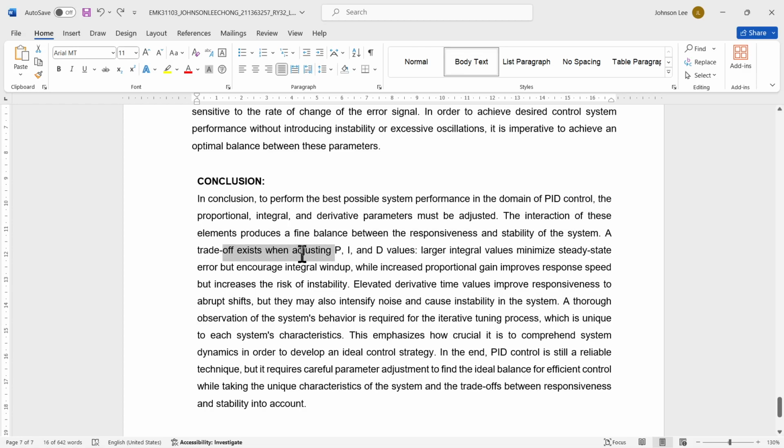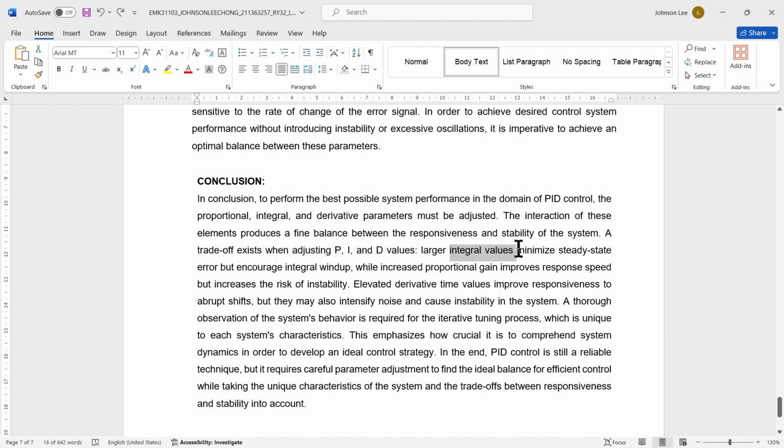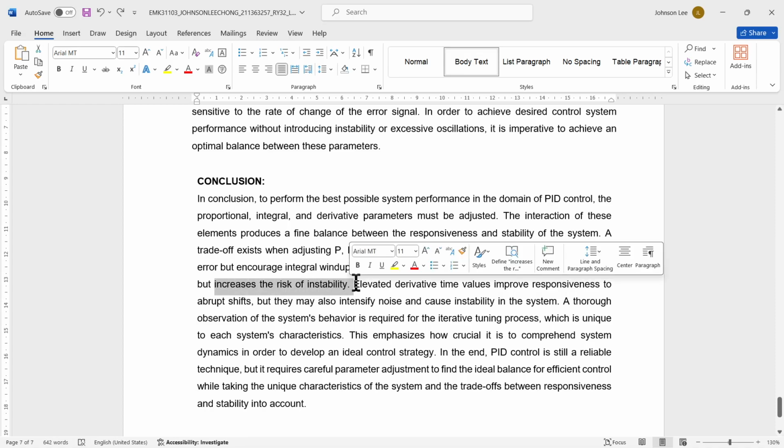A trade-off exists while adjusting P, I, and D values. A larger integral value minimizes steady state error but causes integral windup, while increasing the proportional gain improves response speed but increases the risk of instability.